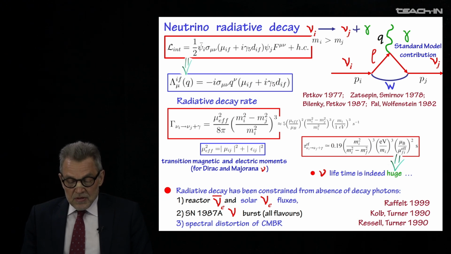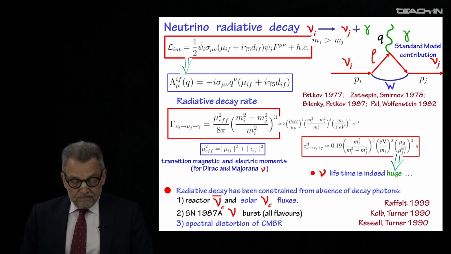If you put some numbers here, and if we suppose that the mass of the massive state of neutrino is measured in some eVs, and if you also introduce the value of the Bohr magneton, but you remember that the prediction of the easy generalization of the standard model provides an effective magnetic moment many orders of magnitude less than the value of the Bohr magneton. So this is a number in seconds. So we shall have a very huge lifetime. It means that this process is very slow.